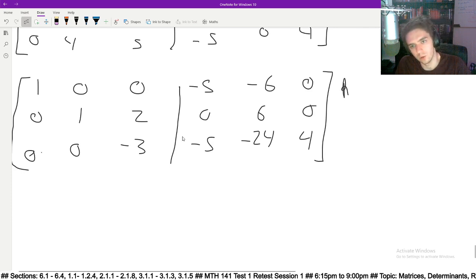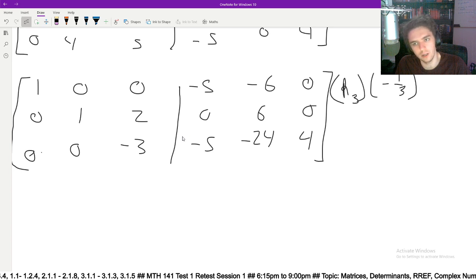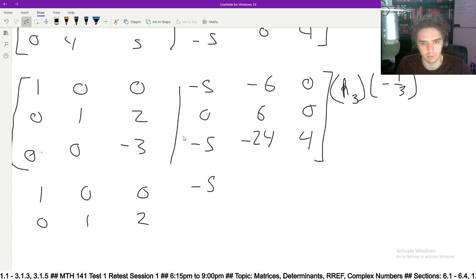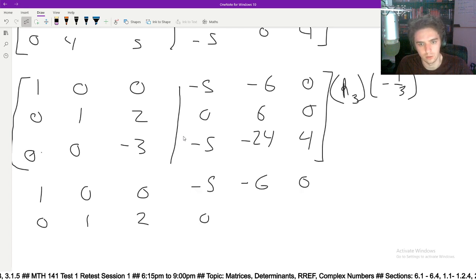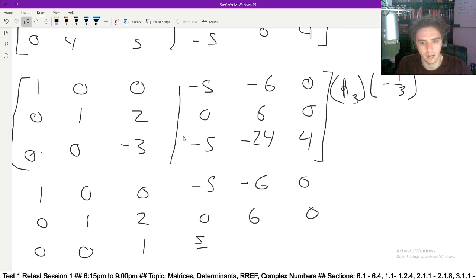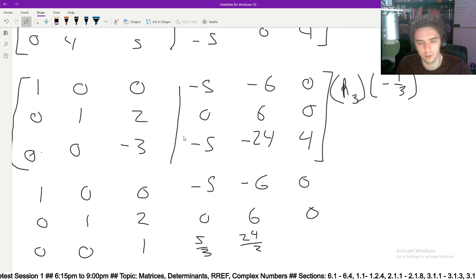So row 3, I'll do row 3 times negative a third. So 1, 0, 0, 0, 1, 2. Oh, I guess I should write everything. Minus 5, minus 6, 0, 0, 6, 0. So 0, 0, 1, 5 thirds, 24 thirds, 4, minus 4 thirds.